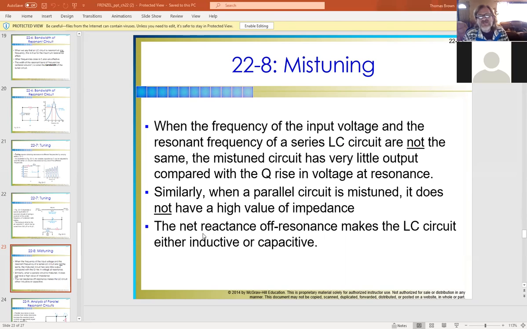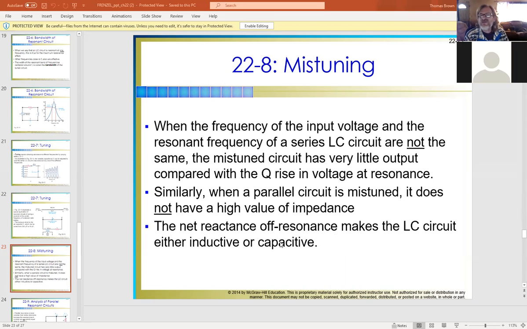In any case, when you get this net reactance where it's off resonance, out of resonance, it makes this LC circuit swing one of two ways. It's either going to become much more inductive or much more capacitive.